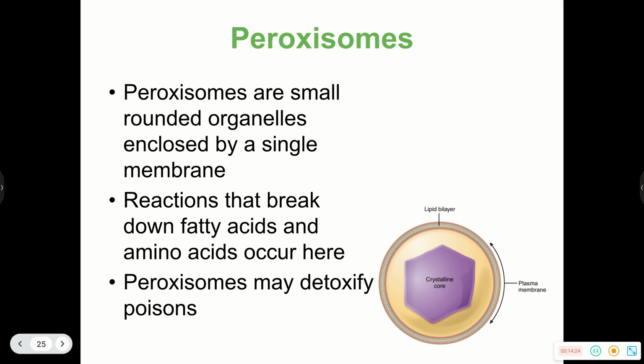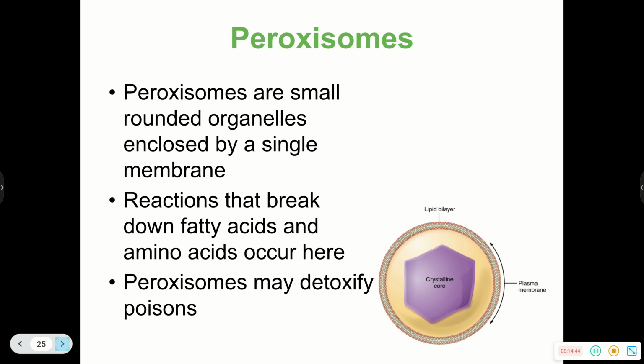They also can take out poisons in the system, also known as alcohol. So the peroxisomes may detoxify the poisons, they break down the fatty acids, and they also break down amino acids.